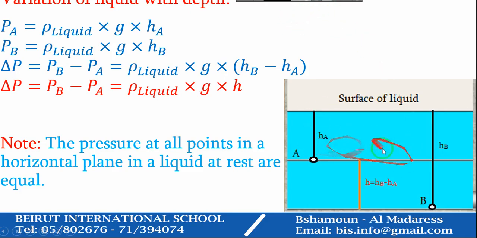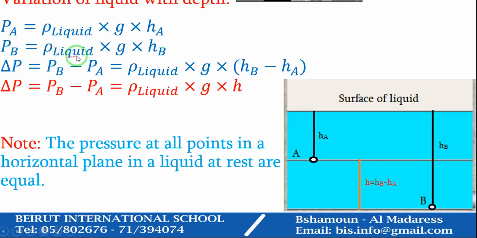So, variation of pressure with depth. As we can see here, observe this figure. A is at a depth HA from the surface of the liquid. B is at a depth HB from the surface of the liquid. In your opinion, which point is subjected to a higher pressure? Of course B, because it's deeper. So PA equals density of liquid times gravity times HA.